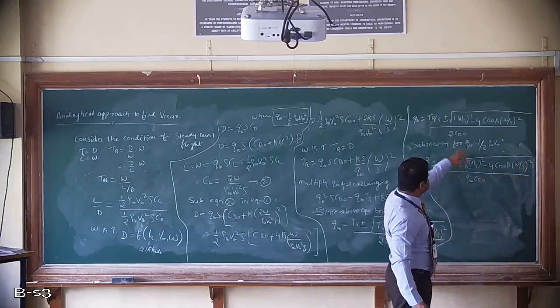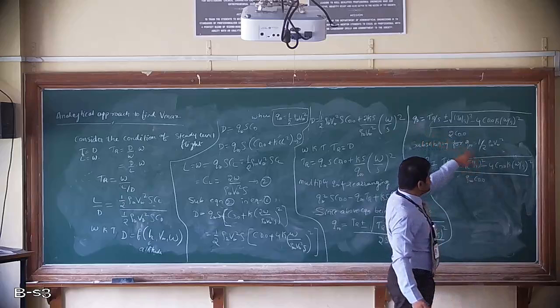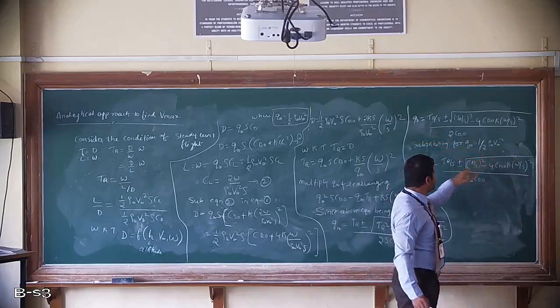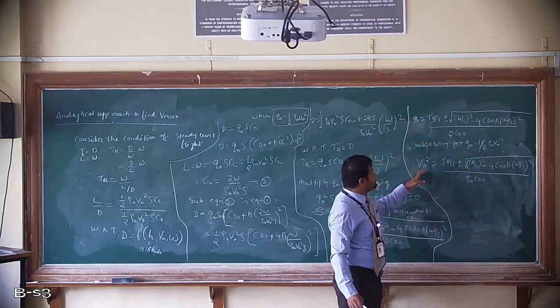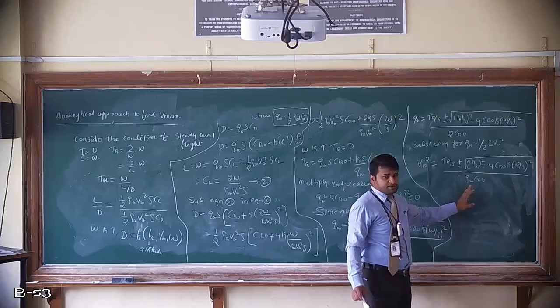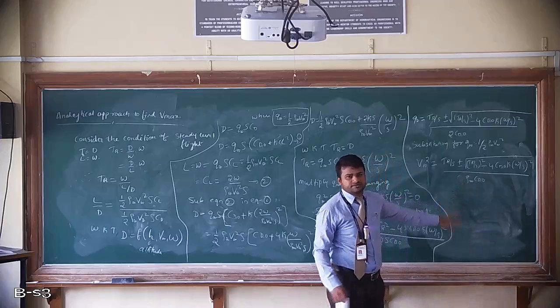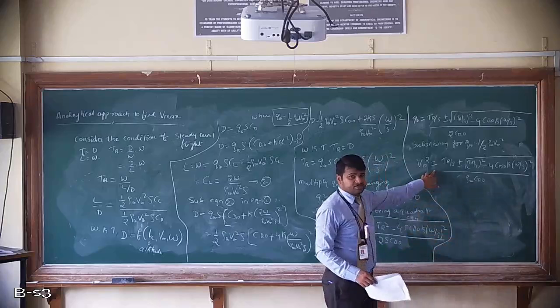You substitute this in place of Q infinity as half rho infinity V infinity square and do the simplification to find the answer for V infinity square. I don't have much space here, so please do it. It's simple mathematics actually.